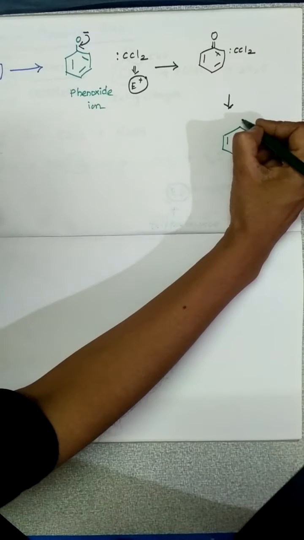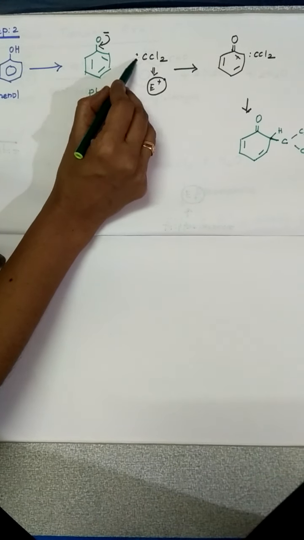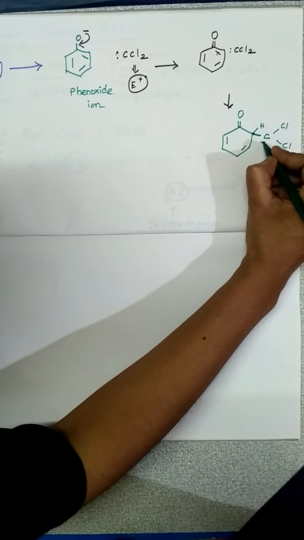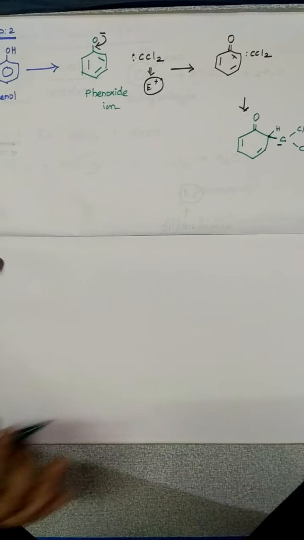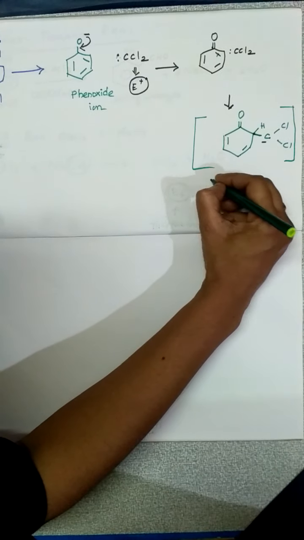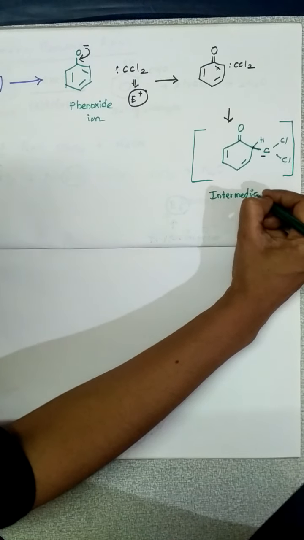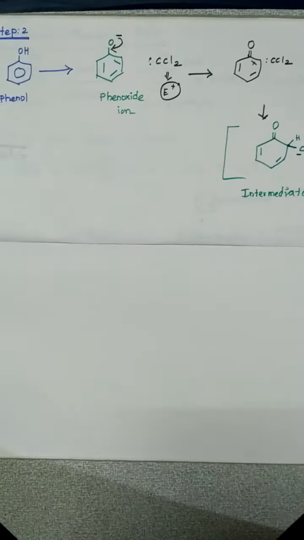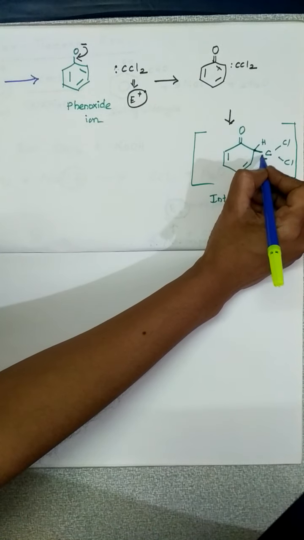The same double bond O will be there, and there is one lone pair of electrons on this electrophile, which I have shown with the negative symbol. This formed state is the intermediate state, and this negative charge will attach to this hydrogen.